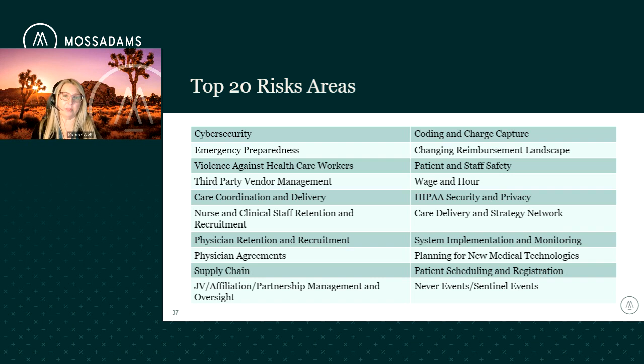When we think about some of these, cybersecurity is just going to have to remain on our list. Historically we often see it in the top 5. I think we're hearing that it is anticipated to bump up into the top 3, if not the top 1. I think it's vying across some of these other ones. But emergency preparedness is always something to think about.